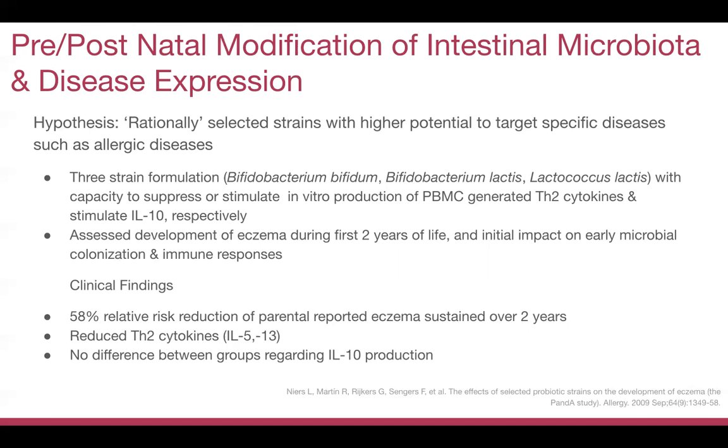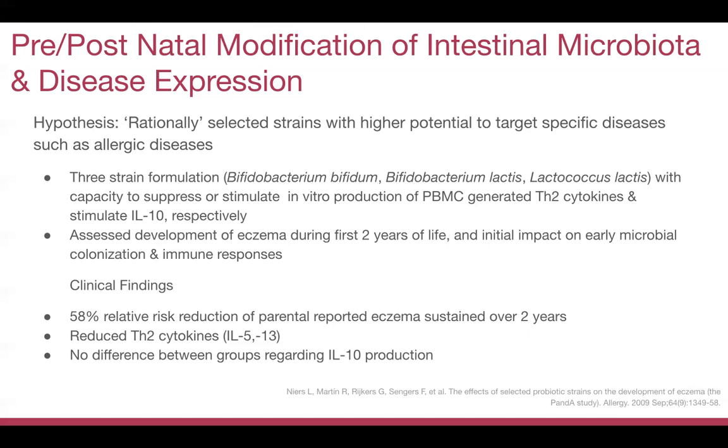So again, the mixture was prenatally administered to moms of high-risk kids and then also to their offspring for the first year of life. Of note, the bacterial strains that were used in this formulation, and they're mentioned here on the slide, Bifidobacterium bifidum, Bifidobacterium lactis, and Lactococcus lactis, were selected by in vitro experiments that assessed their ability to suppress in vitro production of lymphocytes like T cells, B cells, and natural killer cells, as well as to stimulate IL-10 production.